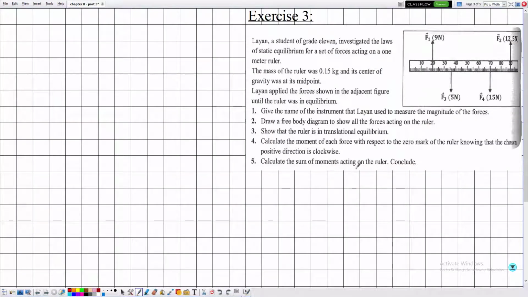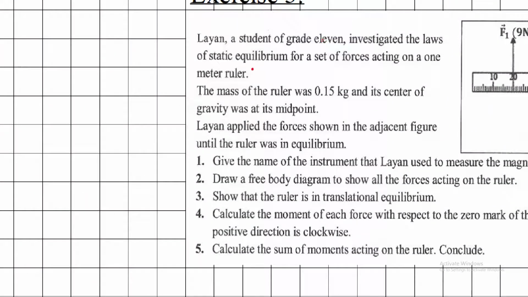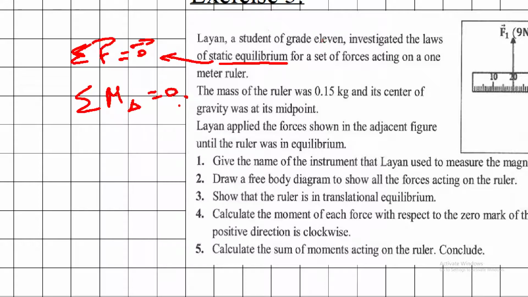Now exercise number 3, they are telling me Layan, a student of grade 11, investigated the laws of static equilibrium for a set of forces acting on a 1 meter ruler. Whenever they are talking about static equilibrium, we can always think of the sum of forces equal to 0, and eventually we can think about the sum of moments around any axis delta equal to 0.